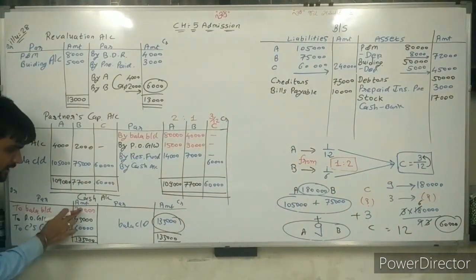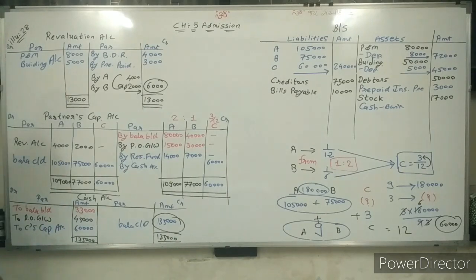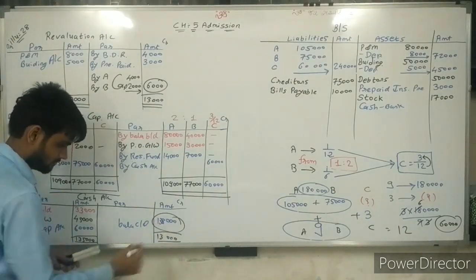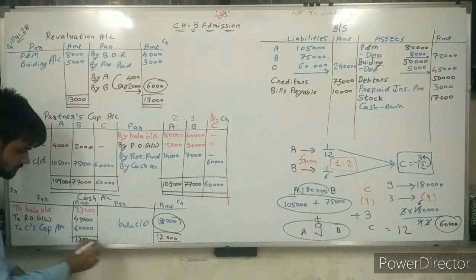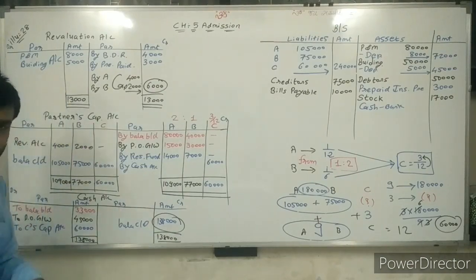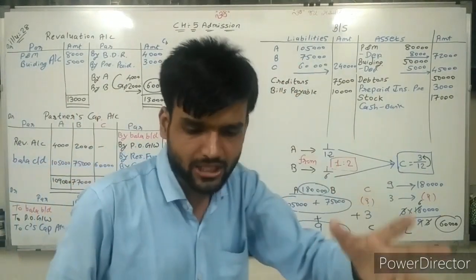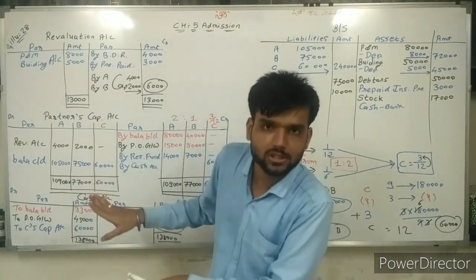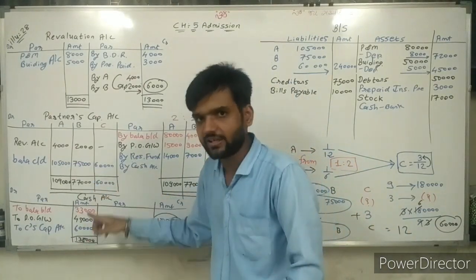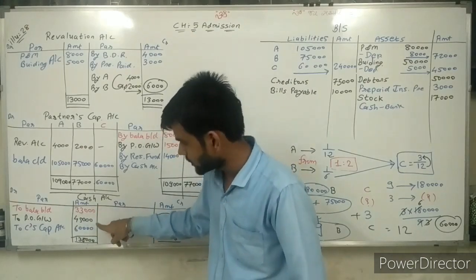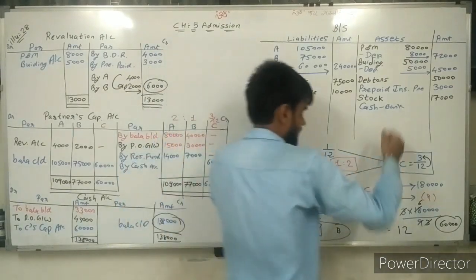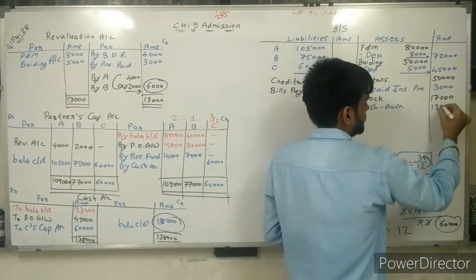It is actually 33,000. By mistake it was written 30. Now I have corrected it. So 33, 45, 60, 138. 138 is the balance, and that 138 cash and bank balance we are writing here.